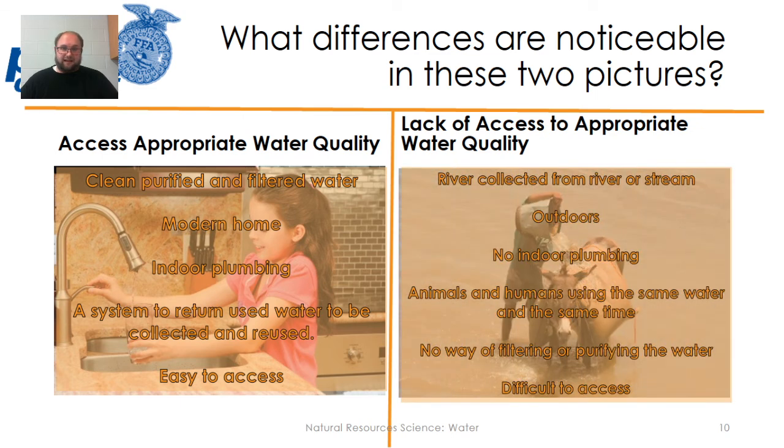So on the other side, this is water that's being collected from a river or a stream. It's outdoors. There's no indoor plumbing that we can see. The animals and the humans are using the same water at the same time. And we all know what animals like to do all over the place. And there's no way of filtering and purifying the water in an easy way. And it's also difficult to access.